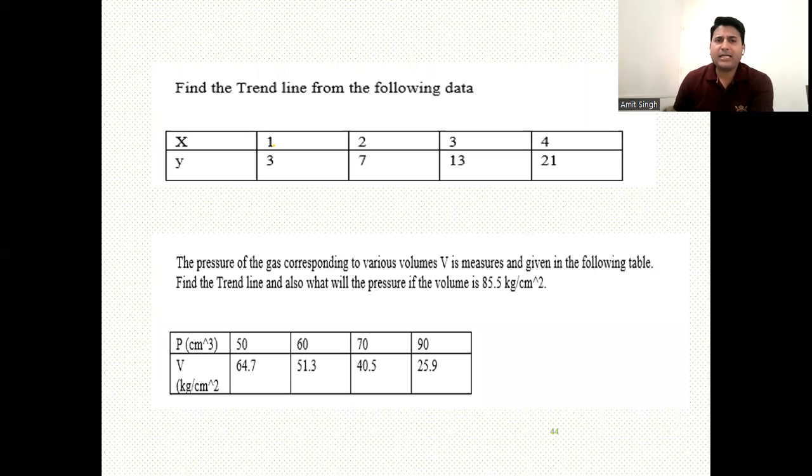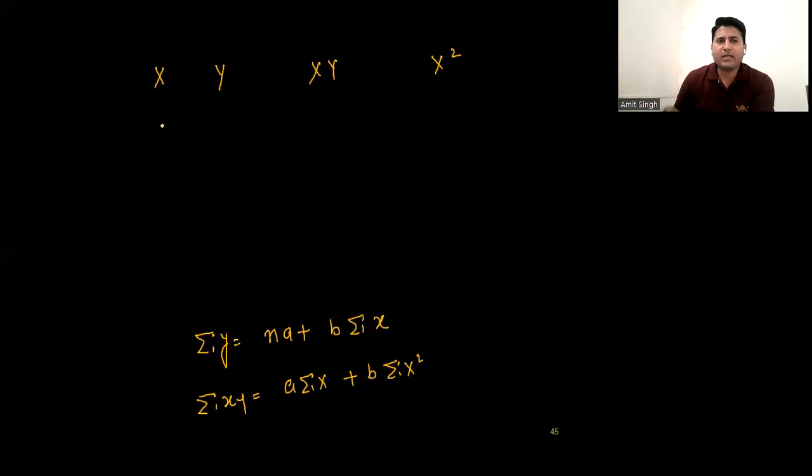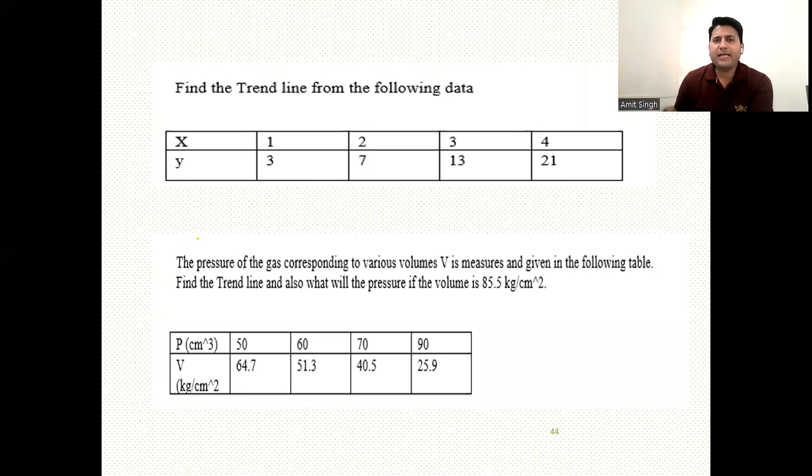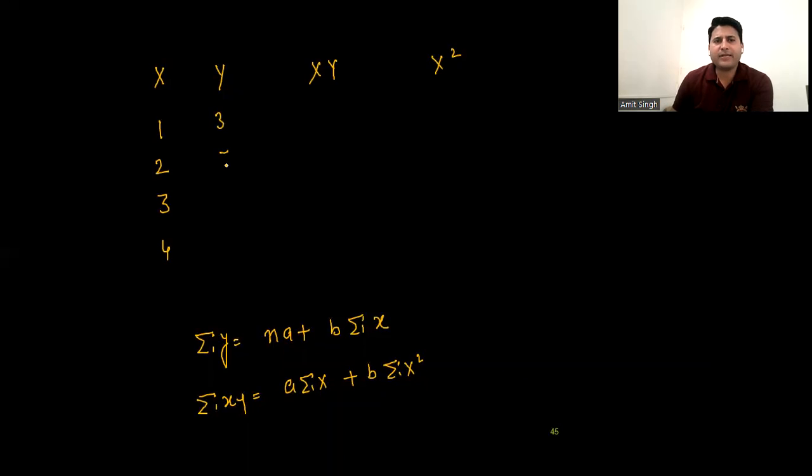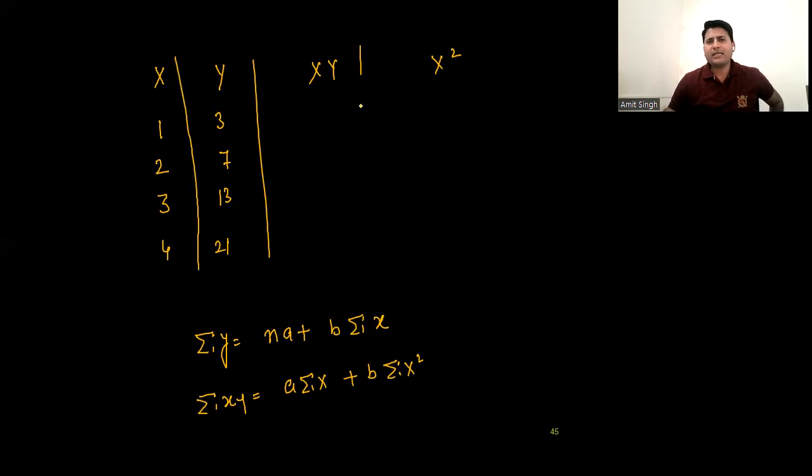Put x and y. So x is 1, 2, 3, 4. Y is 3, 7, 13, 21. Since the data is small in nature, there is no need to change the scale or shift the origin.